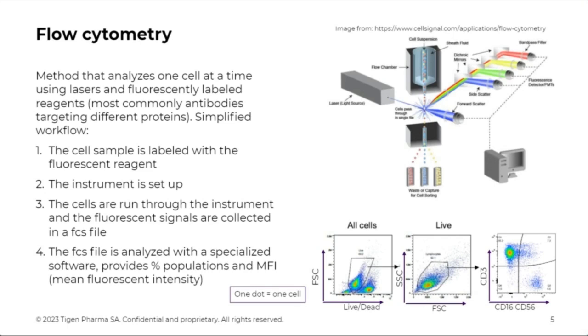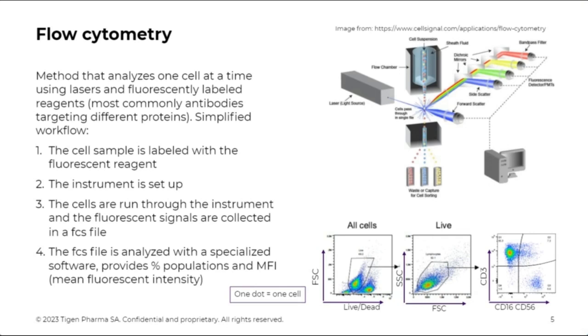Once that is ready, the cells are run through the instrument. They come through the flow chamber and pass the laser one by one. When the laser hits the cells, the fluorescent reagents give out fluorescent light, which is collected into the different detectors that you can see here. Once all the cells are run and the instrument has collected all the information, the data is saved in an FCS file, a specific format for flow data.